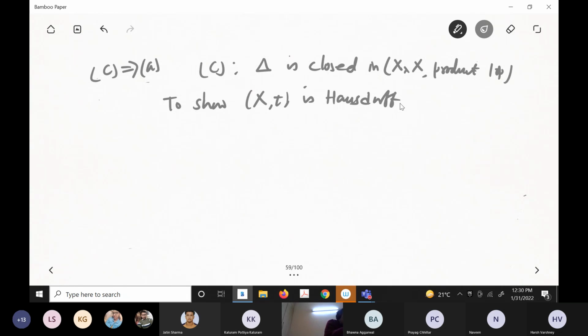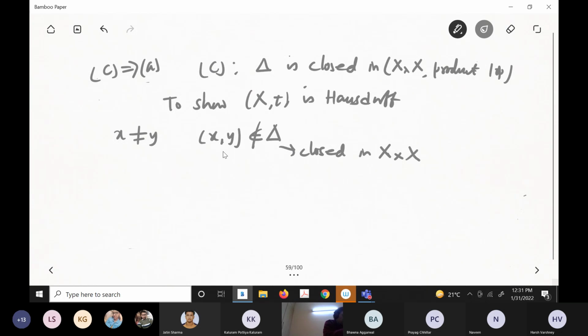Now look, here you have to show that any two points can be strongly separated by disjoint open sets. So take two distinct points, x not equal to y. Since x not equal to y, xy doesn't belong to delta. Now delta is closed in X cross X. That means there exists a neighborhood of this which won't intersect this.